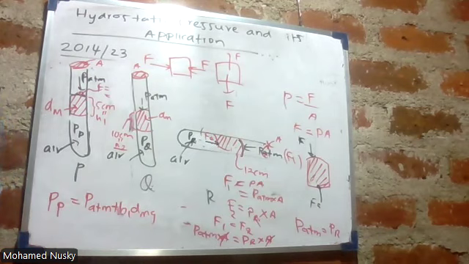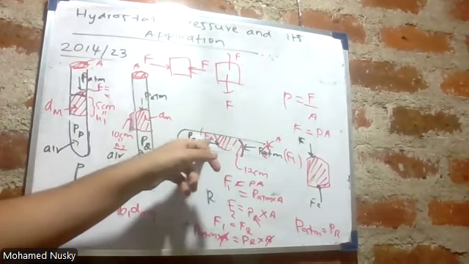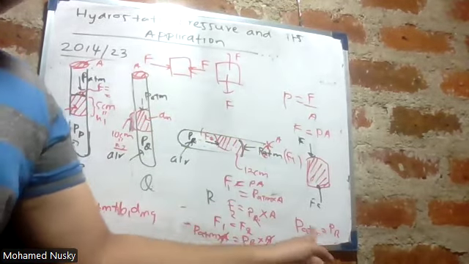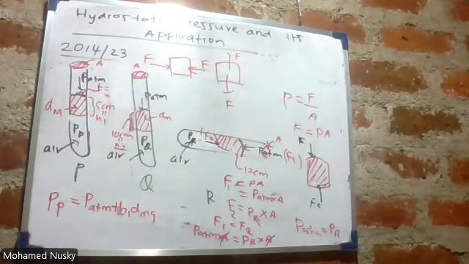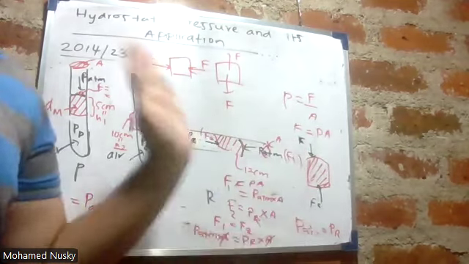Therefore, you can see here the pressure of the air inside is equal to atmospheric pressure. I have proved this with the explanation. I have not just told you this will be equal to this; I have proved it and shown it to you.